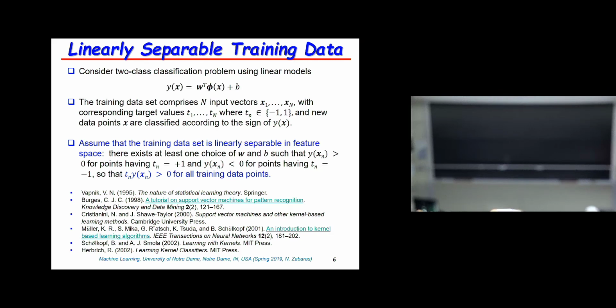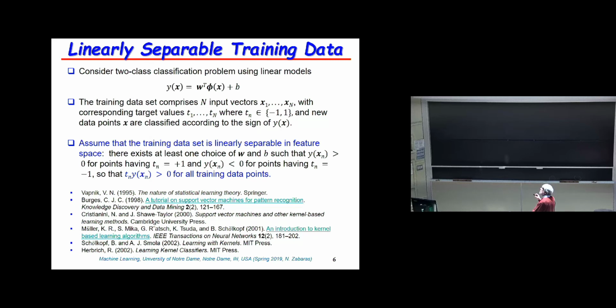We assume that we have n input vectors x1 to xn, and target values that take values -1 or 1. So that's one class, and the other is another class. The classification proceeds by computing y(x) = wᵀφ(x) + b. When y is greater than 0, it will be assigned to class +1, and y less than 0 to class -1.